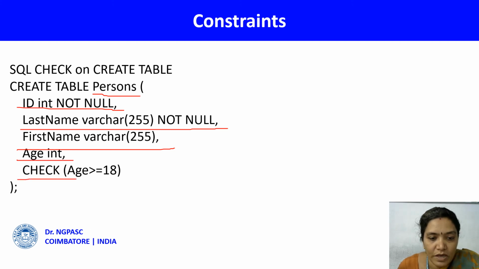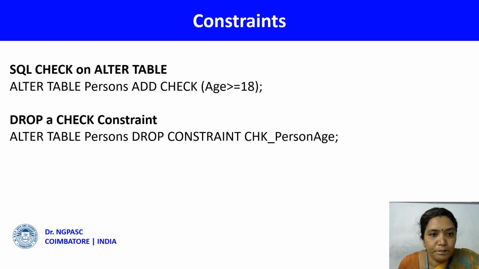What I am doing here is check age greater than or equal to 18, which means this age column will accept values greater than or equal to 18. And you can combine multiple conditions here, using and, age less than or equal to 50. So it will take only the values between 18 and 50.